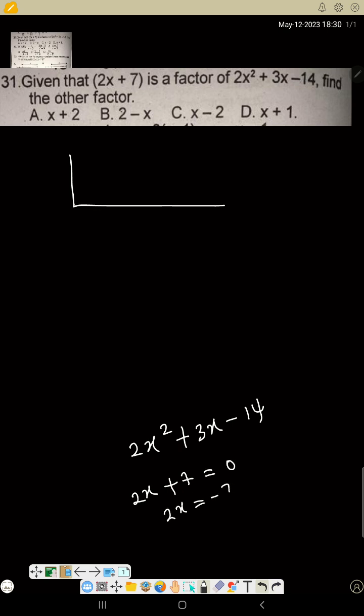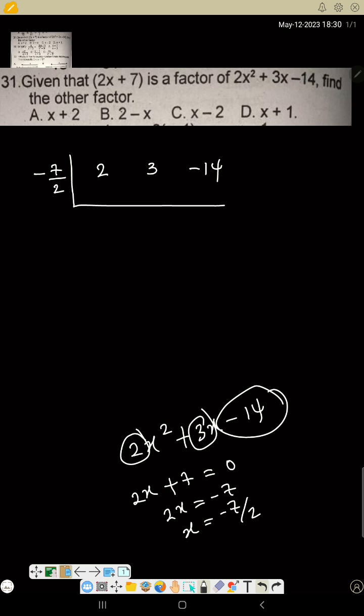So that means 2s is equal to minus 7, s is equal to minus 7 over 2. So write that number out, minus 7 over 2. Now write out the coefficient of each term here. So we have 2, 3, minus 14.